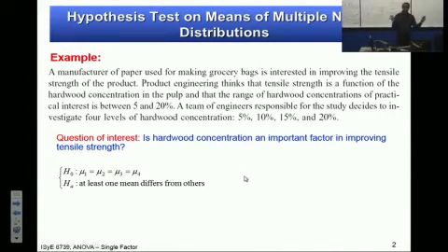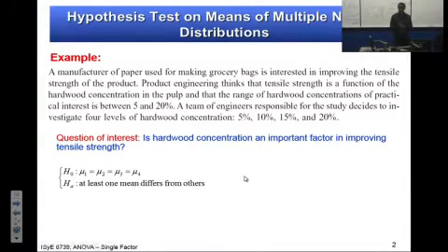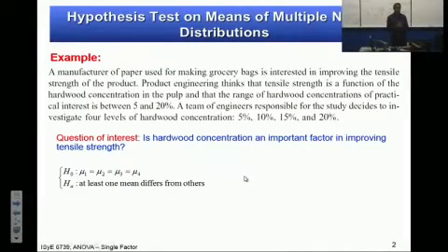If these averages are equal, if we cannot reject H null, what is the conclusion? There is no difference, therefore hardwood concentration is not an important factor. Does it make sense? Okay? So, what is H alternative? At least one of them is different. Maybe mu1 is different from others. Maybe mu2 is different from others. So, the main purpose of ANOVA is to do this hypothesis testing. Is it clear? Why do we use ANOVA?